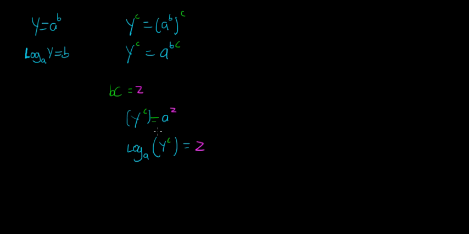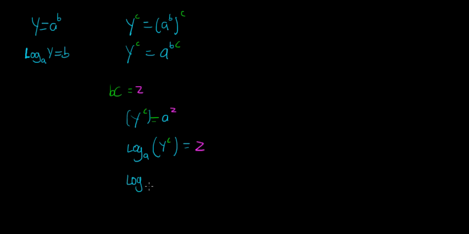And this makes sense because what we're saying here is the power that I raise a to give me y raised to the power c is z. And we notice here, z is what we've raised a to give us y to the power c. But remember this, z is the same as b times c.